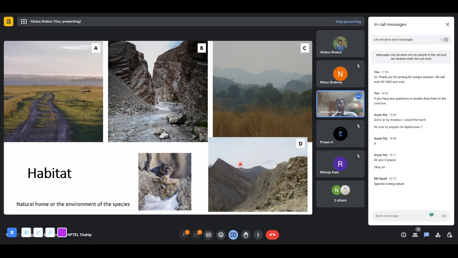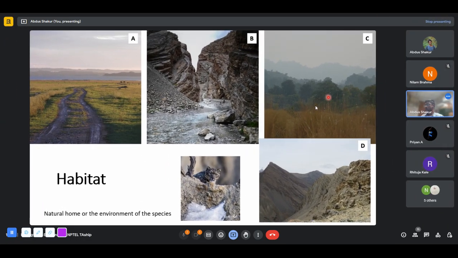That is the definition of habitat. That's how we define habitat: where the species is present, its natural home. That's what someone tried to say earlier also, right? So that is what a habitat refers to.